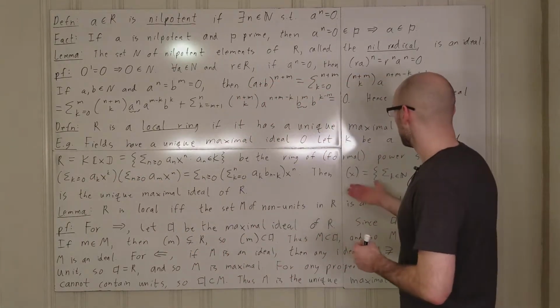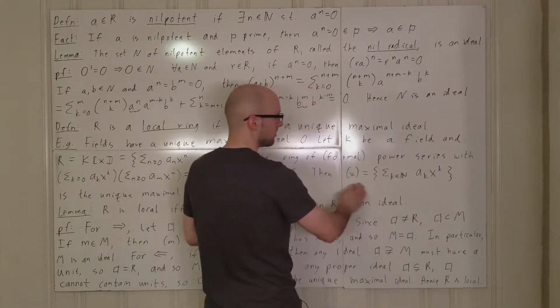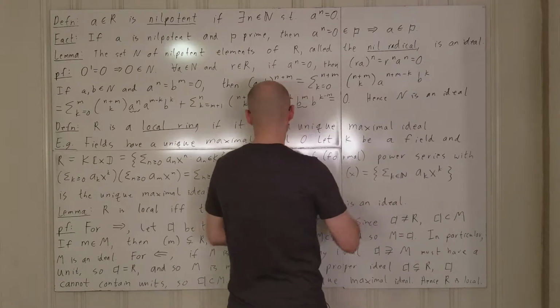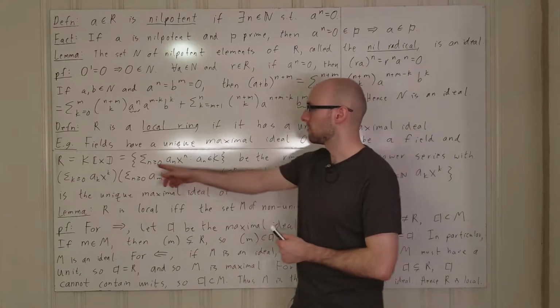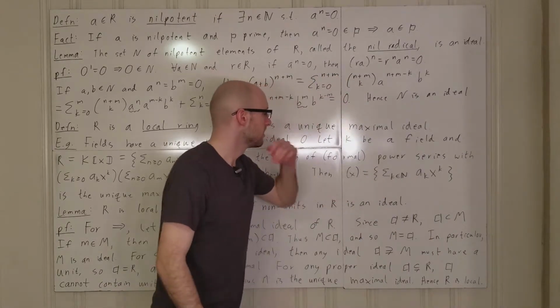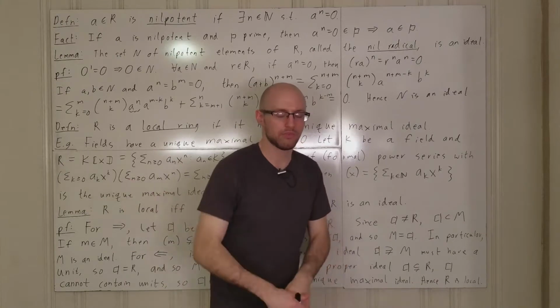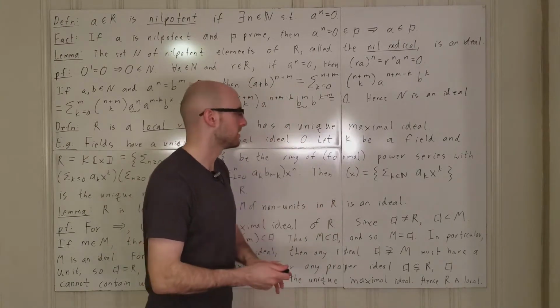So you can prove that the ideal generated by X is basically all power series where you don't include the term n equals 0. So every power of x here goes from 1 all the way up through infinity, but they don't start at 0.